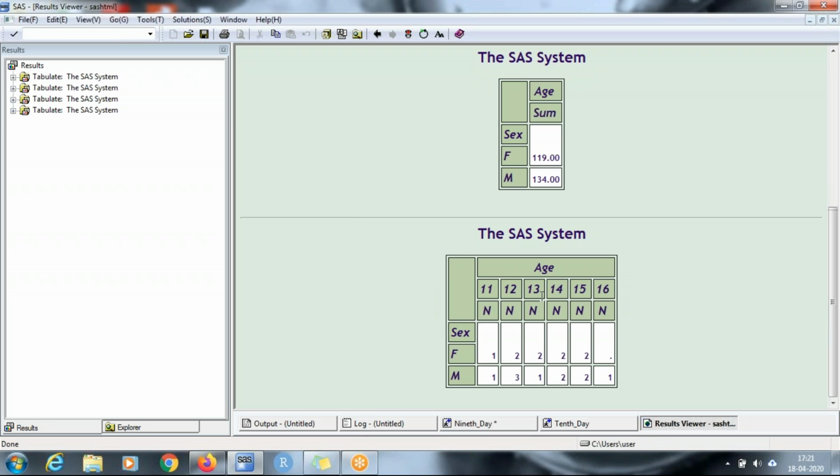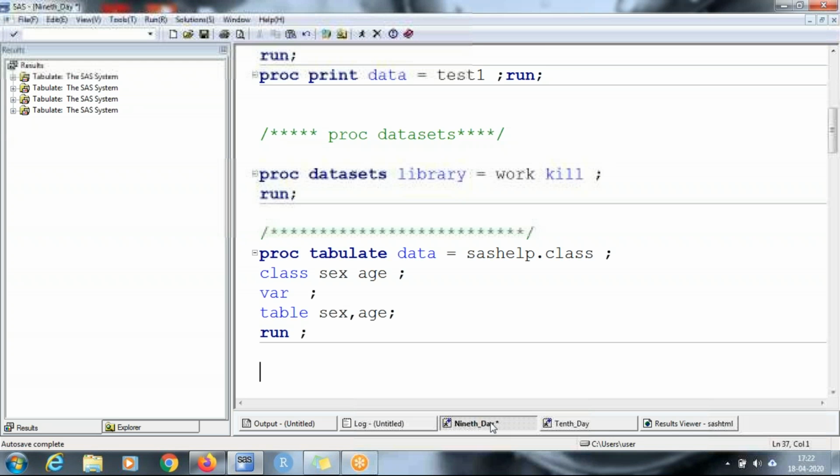Okay, very good question, Shivam. N in SAS means count, the number of non-missing values, and sum is sum. So this is the default analysis which this procedure has done.